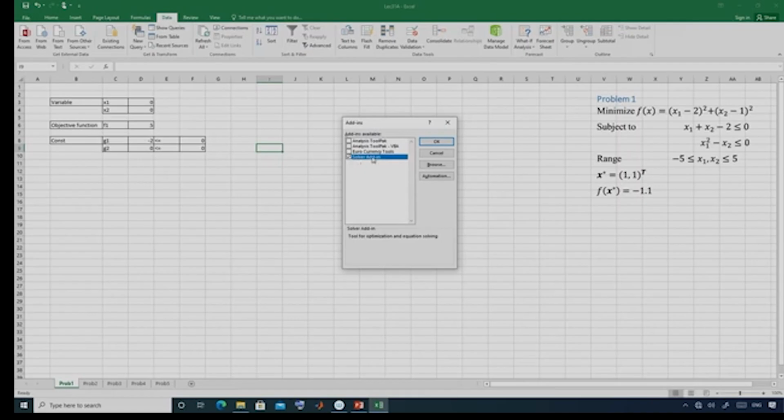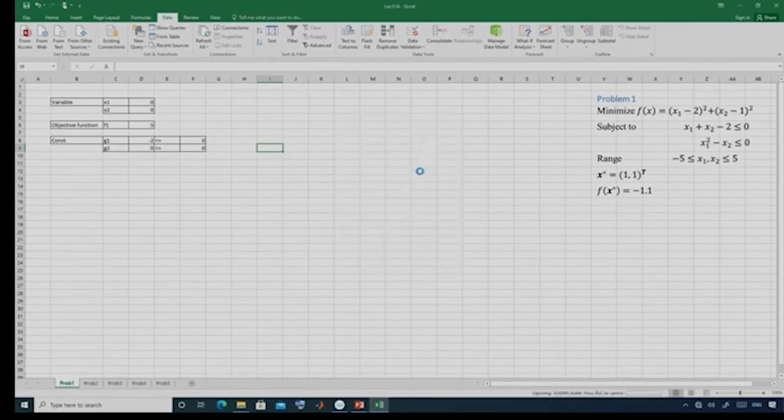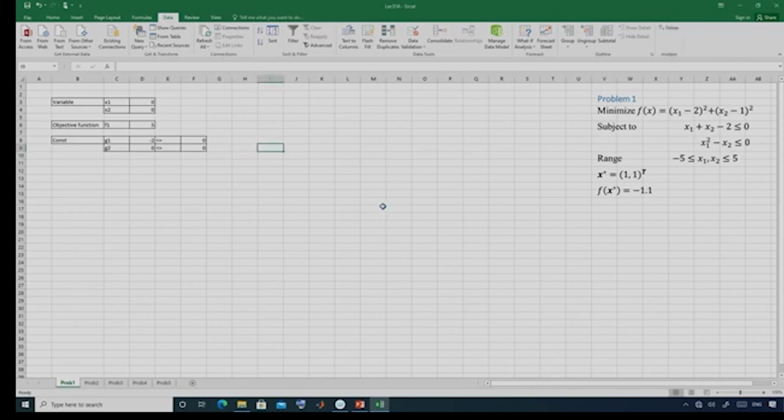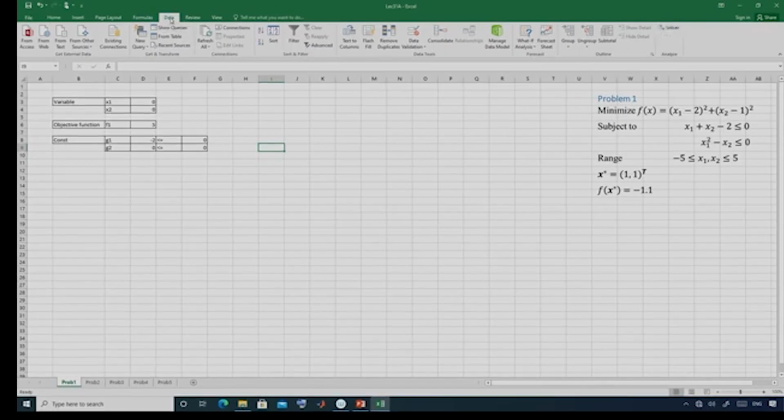You just check this particular box and click OK. So it has been installed, and you can see on the right hand side the Excel solver is there now. This is under data.